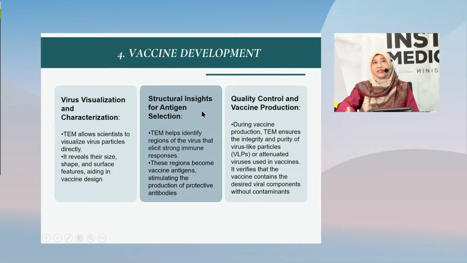At the structural insight stage for antigen selection, the technology helps identify regions of the virus that elicit a strong immune response, where these regions become vaccine antigens, which stimulate the production of protective antibodies. And finally, at quality control and vaccine production, EM ensures the integrity and purity of the particles. It verifies that the vaccine contains the desired viral components without contaminants.